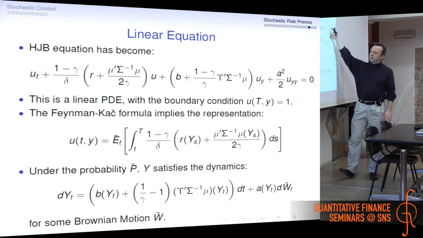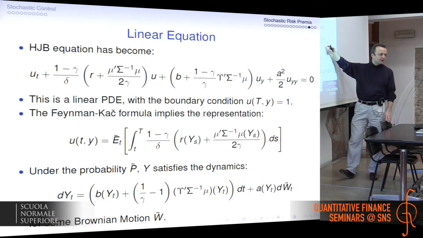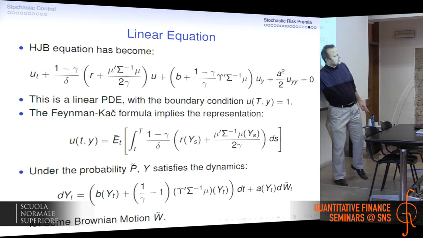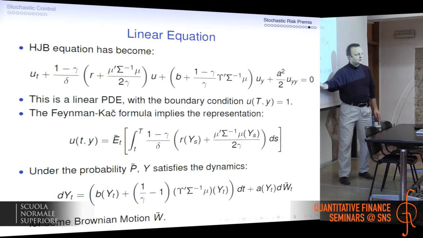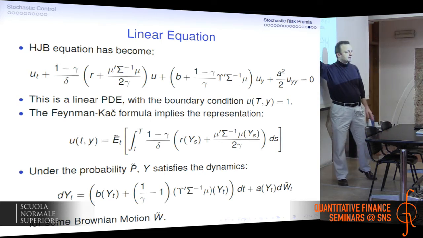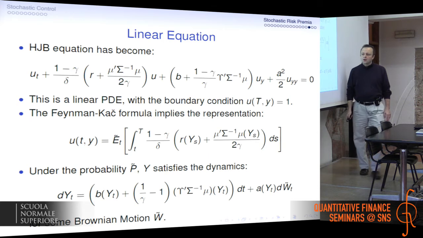And under this probability, which essentially is an equivalent probability to P but doesn't have any particular interpretation, you have changed the drift of the state variable by adding to the drift that it normally has under P this extra drift. Okay? And this is the probability under which you have the Feynman-Kac representation. So this is not the original probability P. Okay.